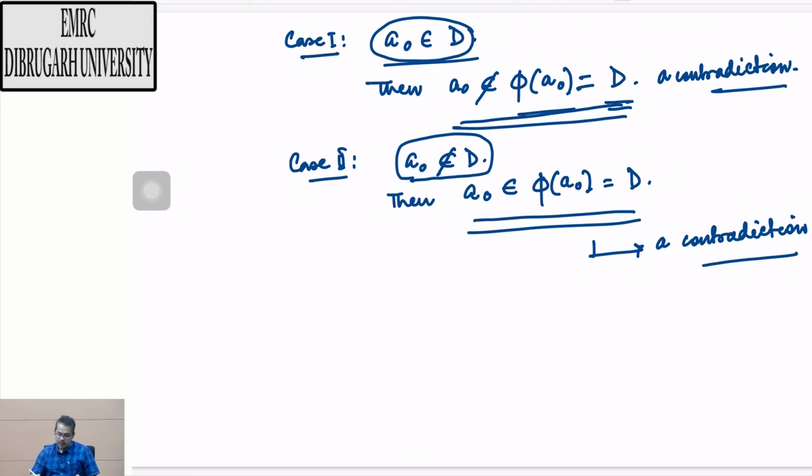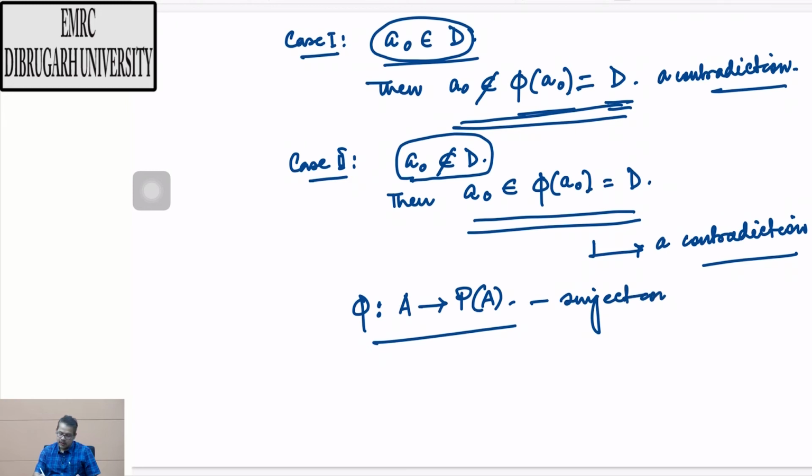And why has this contradiction arisen? Because we have taken that phi of A is a surjection from A to P(A). This is not possible.